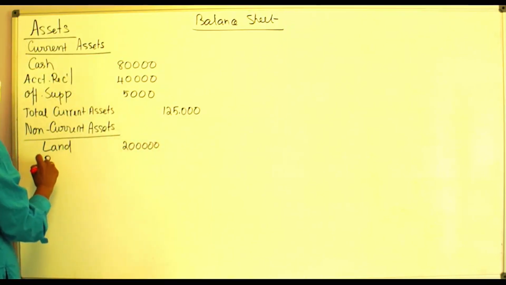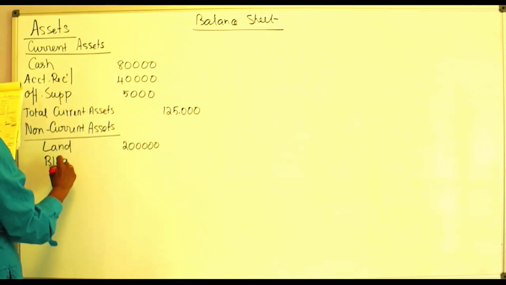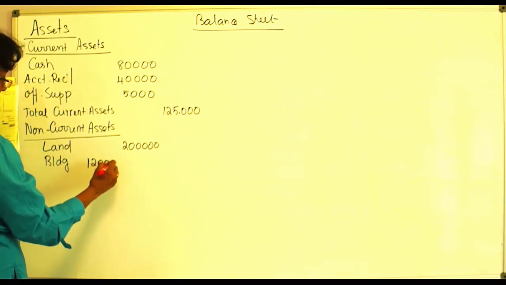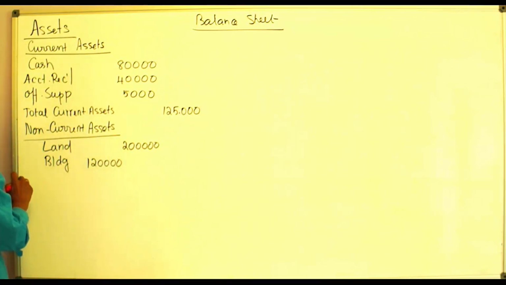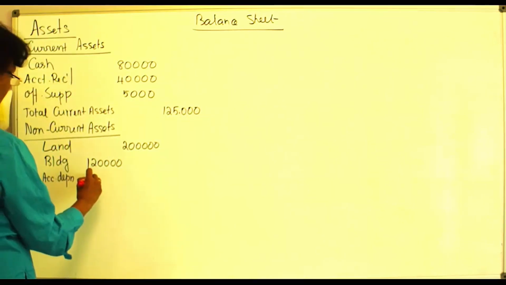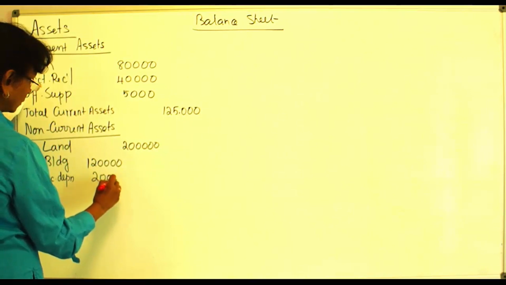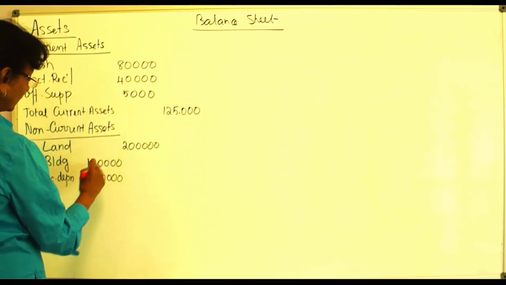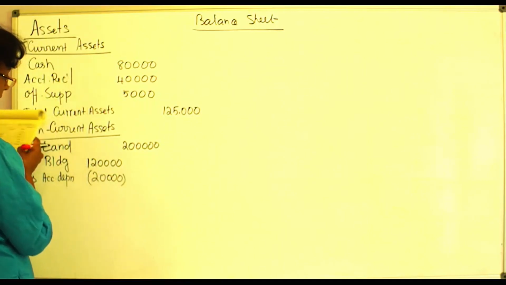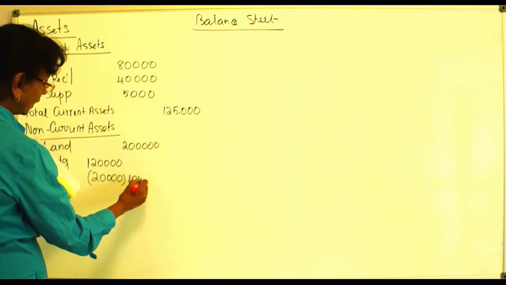Then you have the building 120,000, and the building has accumulated depreciation. So you subtract your accumulated depreciation of 20,000. So your building's net value is 120 minus this 20 gives you 100,000.